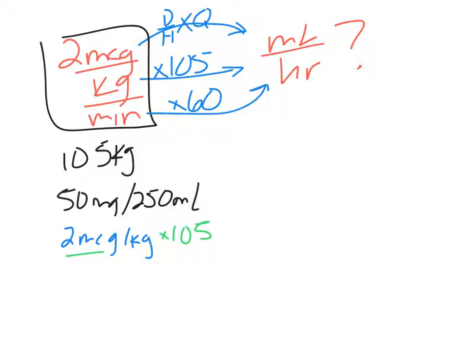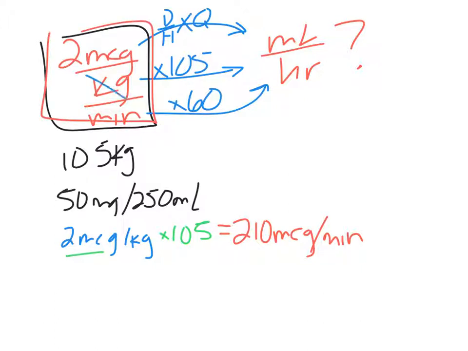So that means this person needs 210 micrograms every minute. And again, what we've done in that original ordered dose is I've eliminated the kilogram part, and it's just now micrograms a minute. So what we have left up there.